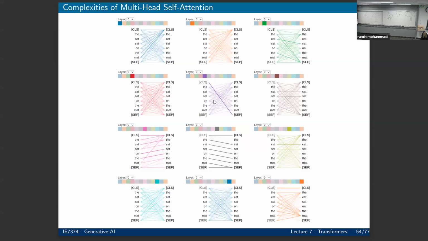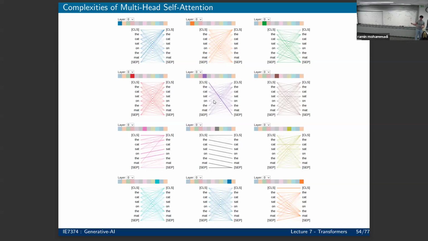Now, if you have all of this and you multiply them by the values and convert it to a matrix, and you concatenate them on top of each other, you get this long representation, and you multiply that long representation by a matrix to give you an output.